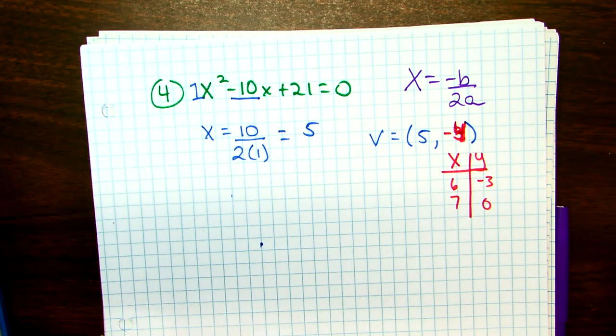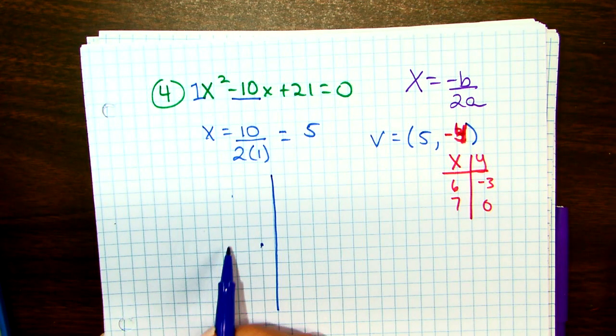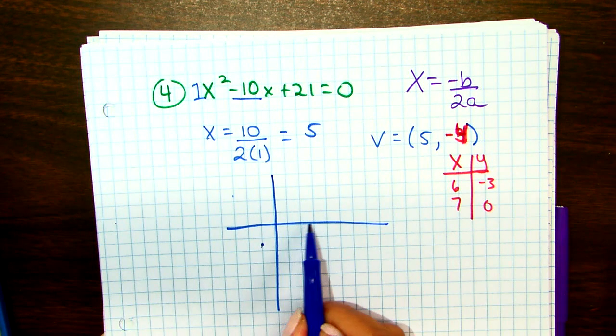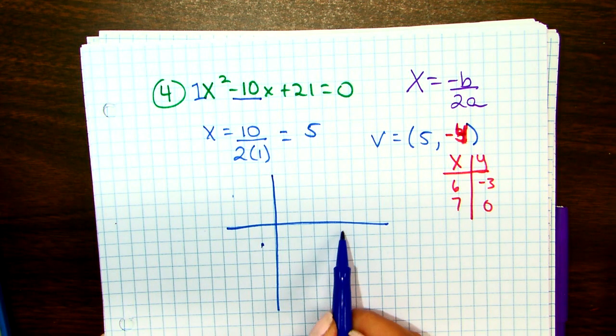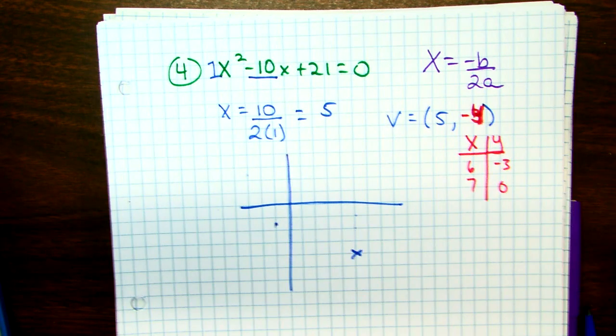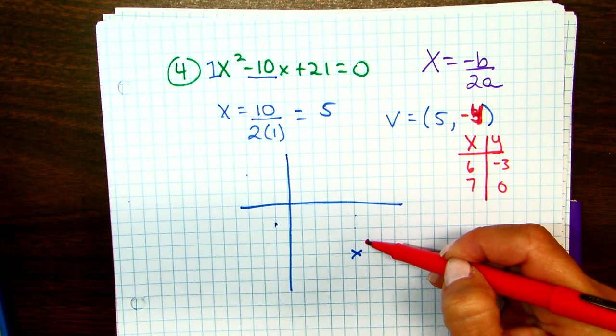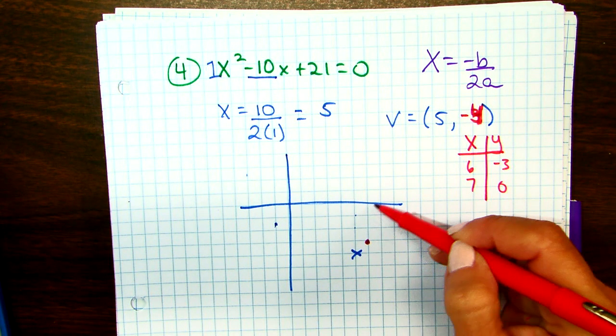Let's graph. One, 2, 3, 4, 5. 1, 2, 3, 4. There's my vertex. 6, negative 3, and 7, 0.